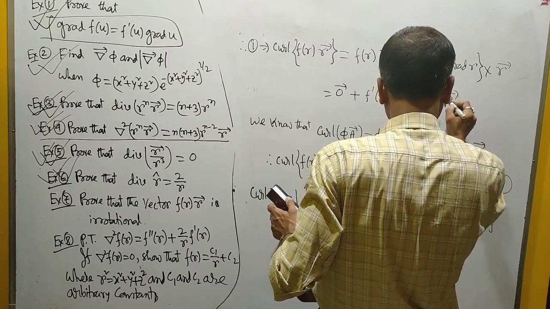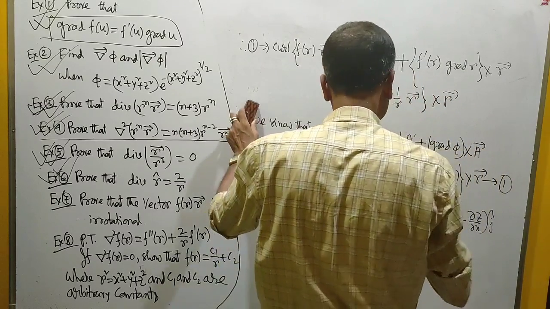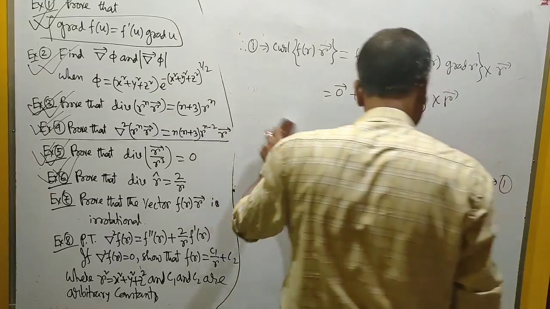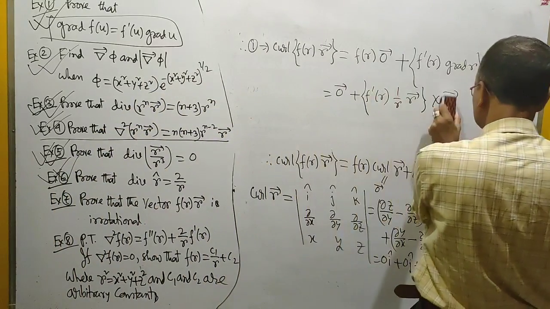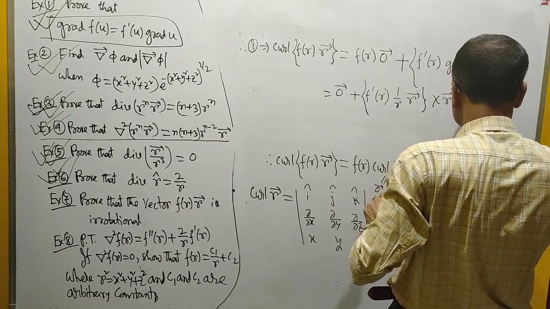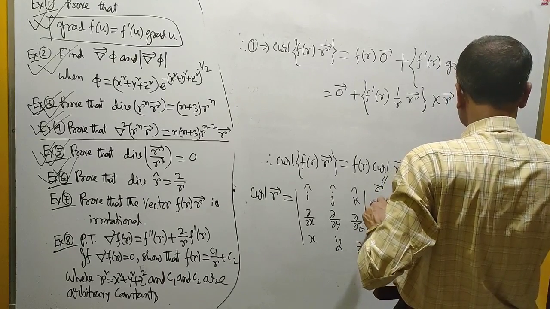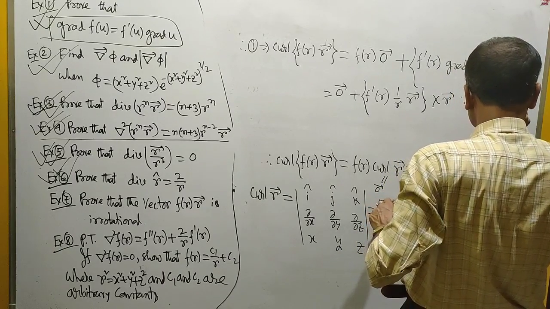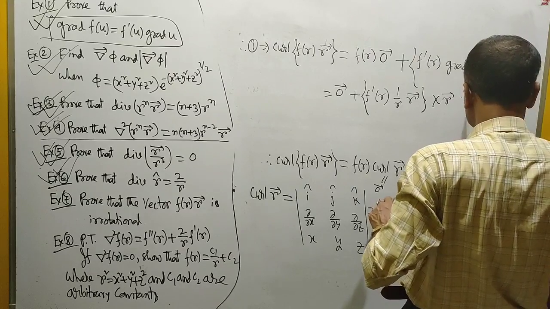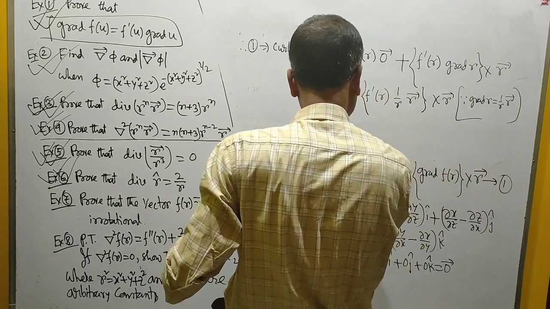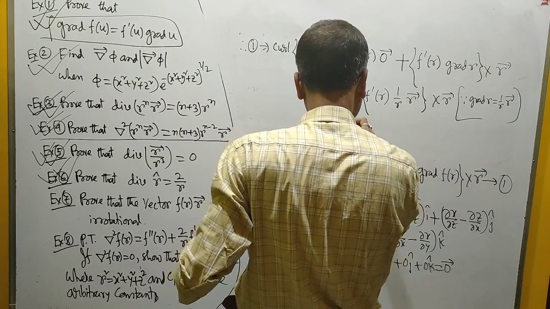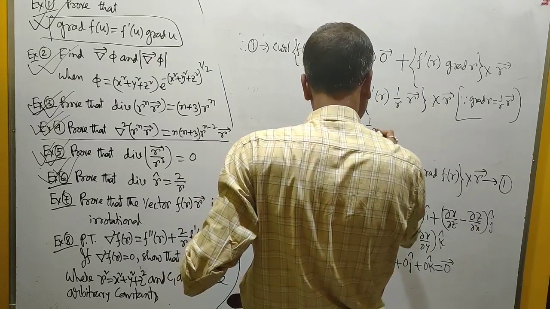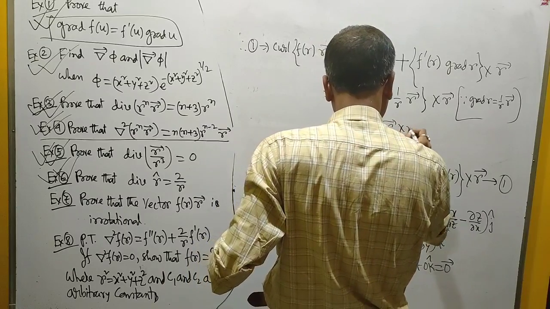Cross r vector. Since gradient of r equal to 1 by r r vector, it has been proved from many things. This is equal to f dash r times 1 by r r vector cross r vector.